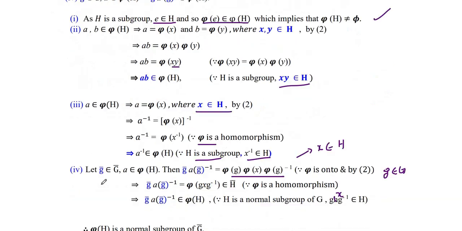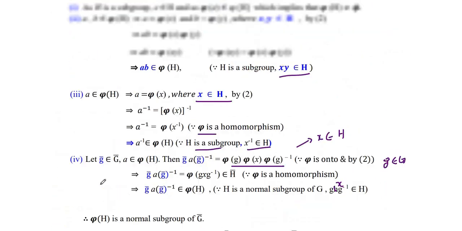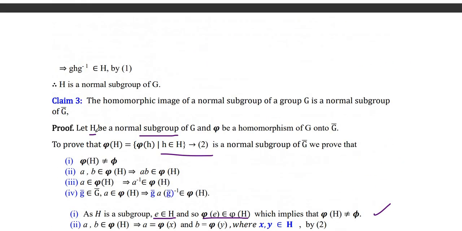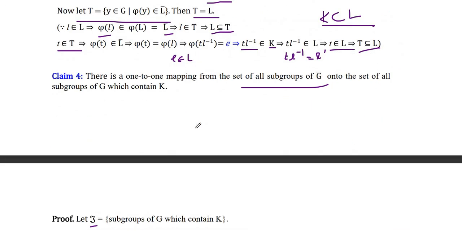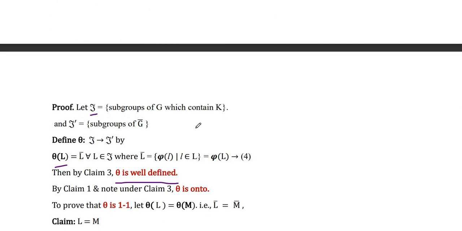Claim 3 states that the homomorphic image, we don't as such require normalcy here, the homomorphic image of a subgroup of a group is a subgroup. So this is what we have, and we make use of that for theta being well defined.